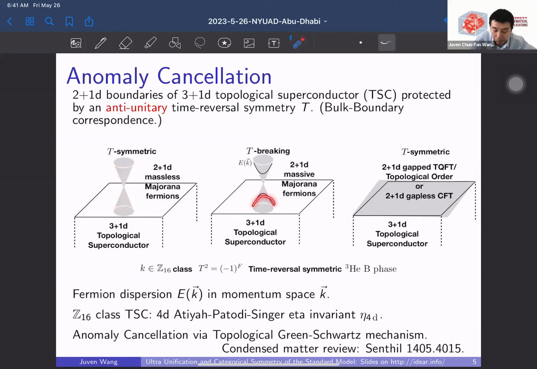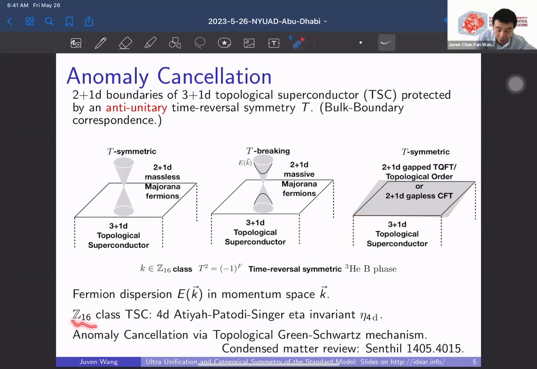But it could also be gapped, in which a Majorana mass term can break time reversal, with this gapped dispersion. And what condensed matter folks find, summarized for example in this review, is that actually there could be some topological TQFT field theory or conformal interacting field theory to saturate the same type of anomalies, that is some nonperturbative global anomaly, typically not captured by Feynman graphs.